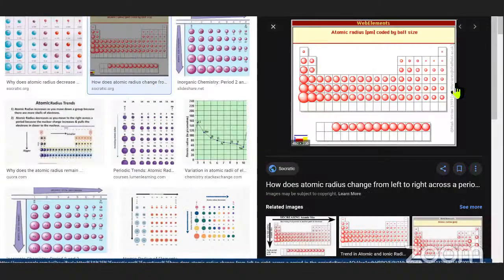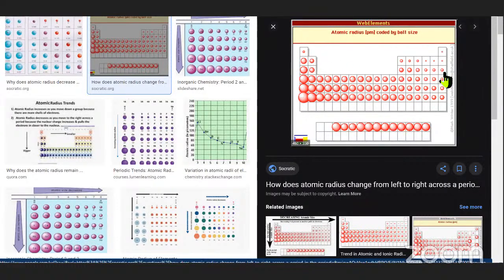They have the same number of shells. Why do they decrease? Because the protons are increasing, so the shells are attracted even more strongly. Let's look at period three. There's sodium, magnesium, then aluminium, and so on until you reach chlorine and argon at the end. There's a gradual decrease across the period because the protons are increasing.